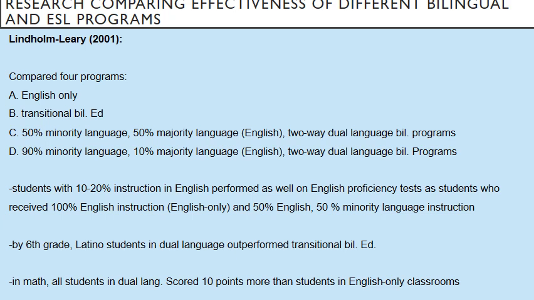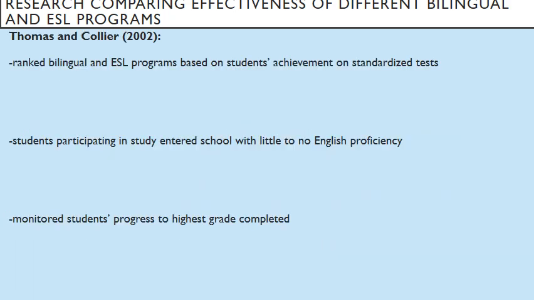In math, all students in dual language programs scored 10 points more than students in English-only classrooms. So that was also an interesting point, that even among content area tests in English, students in dual language learned more content in their second language than students who had learned the content in English-only classrooms.